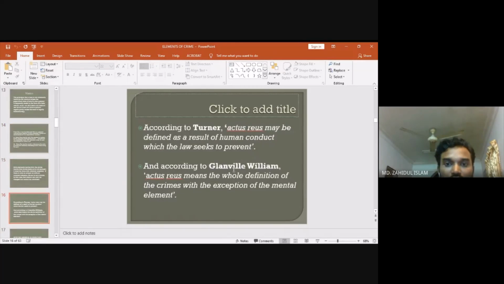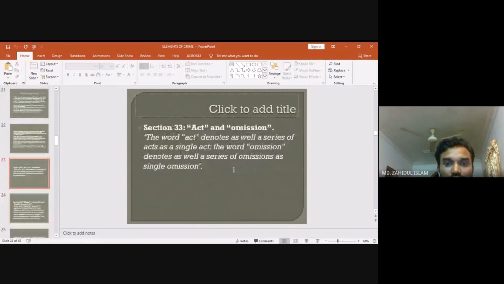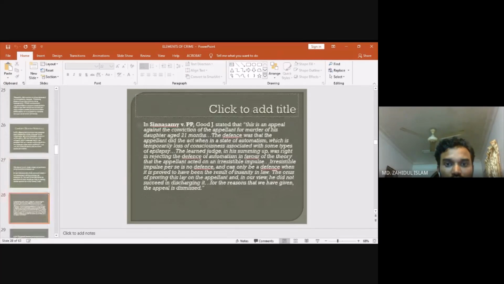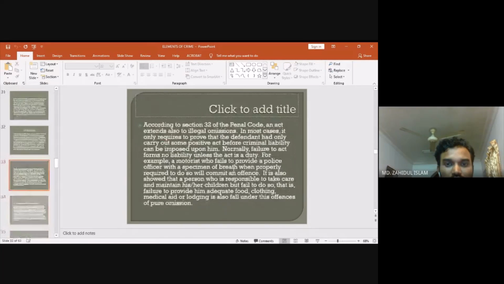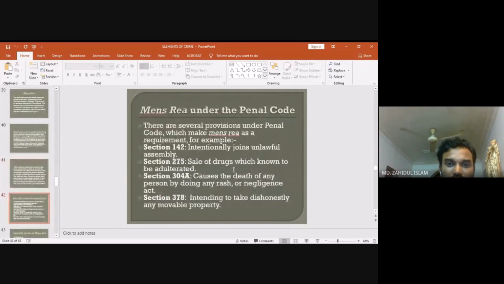For example, I can show you. Section 142, intentionally joining an unlawful assembly. When you prove that someone attended the unlawful assembly intentionally, that means mens rea is there.